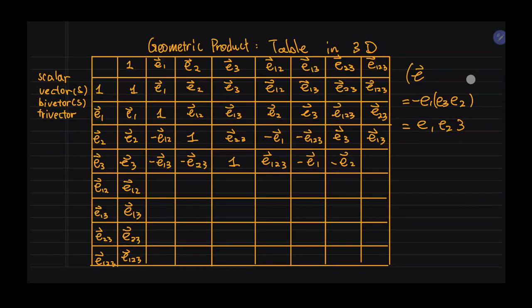And then e3 e123: swap the index twice, so you get e1 e3 e2 e3, and then minus, and then you swap them one more time, e1 e2 e3 e3, which are gone, which gives e12.